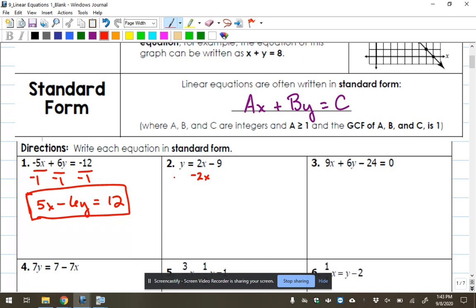I'm going to subtract 2x. That gets me negative 2x plus y is equal to negative 9. Is that standard form? No. Same problem that number 1 had. Divide everybody by negative 1, and that changes the sign to 2x minus y is equal to 9, and there we have standard form.